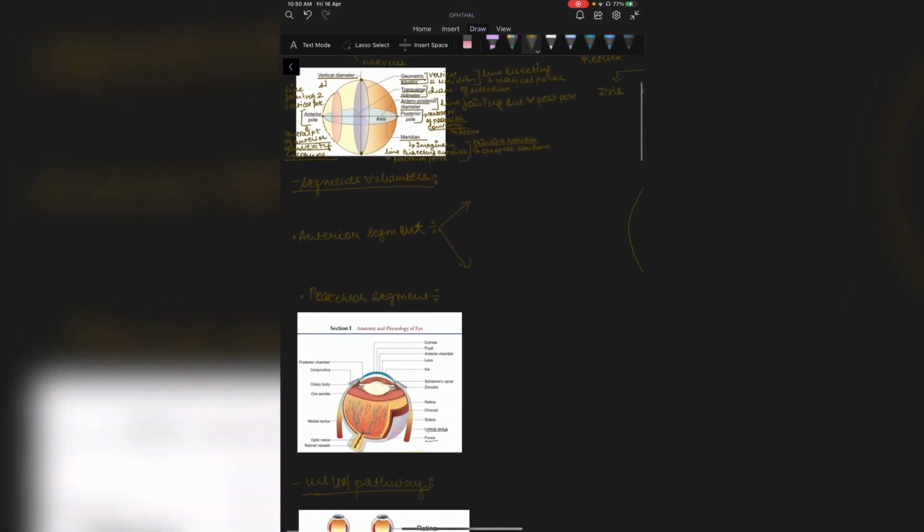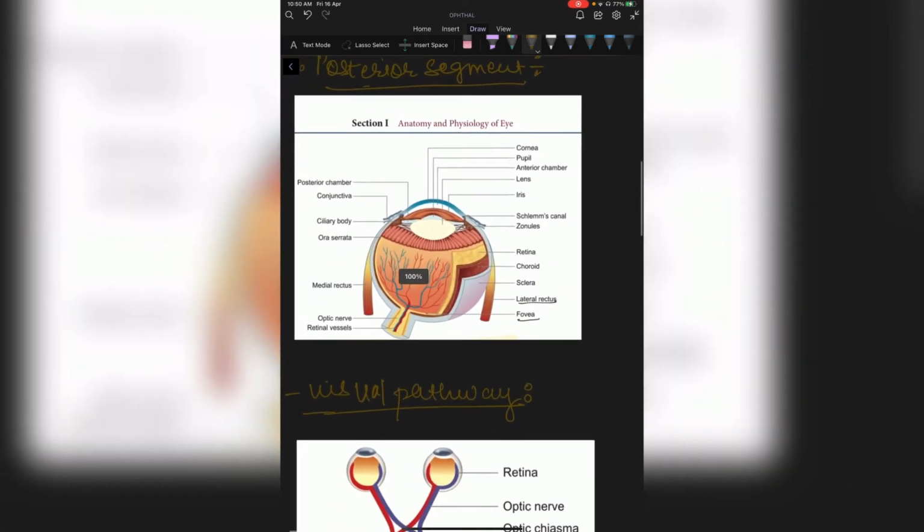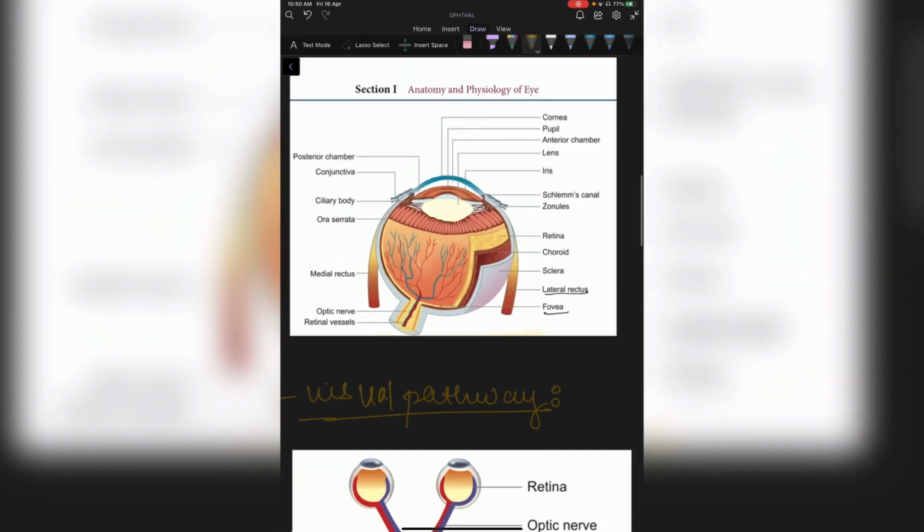Now we have to discuss the segments and chambers. There are two segments, the anterior segment and the posterior segment. Your anterior segment consists of the lens and all the structures anterior to it.